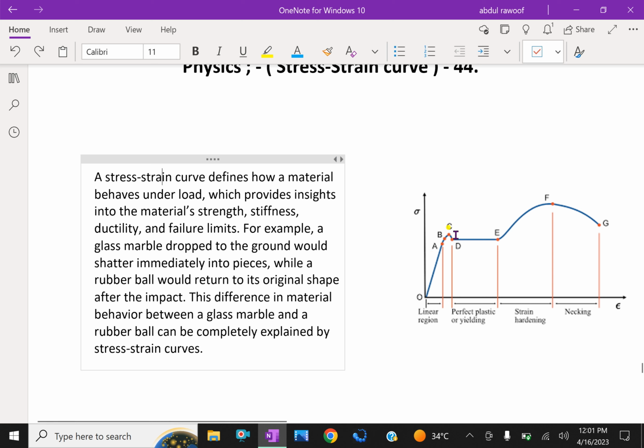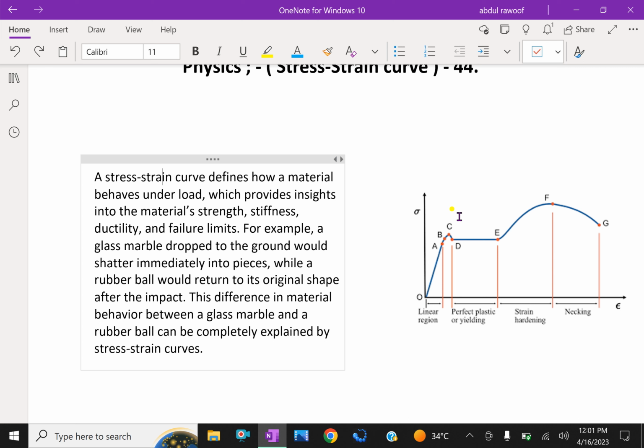Exactly, some more changes in the cross-section of the wire are happening here.